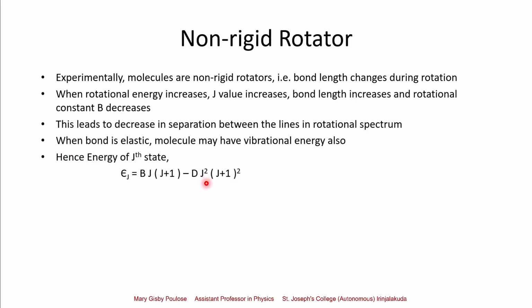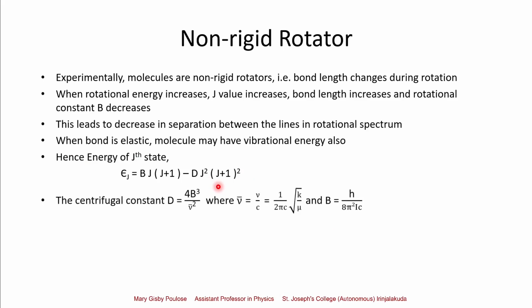That is, E_J is equal to B J(J plus 1) minus D J squared (J plus 1) squared. Here, the centrifugal constant D is related to the rotational constant as 4B cubed by wave number nu bar squared, where wave number nu bar is equal to nu by c.